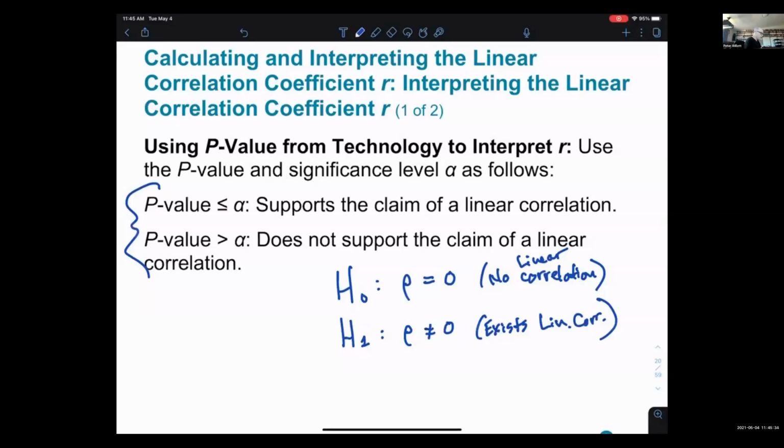So that's why they're saying if the p-value is below the significance level, that supports the claim of a linear correlation because that is the alternative hypothesis here. And if the p-value is not below the significance level, we fail to reject the null. The null is that there's no linear correlation. And if we're not rejecting that, that does not support the claim of a linear correlation, that a linear correlation exists.